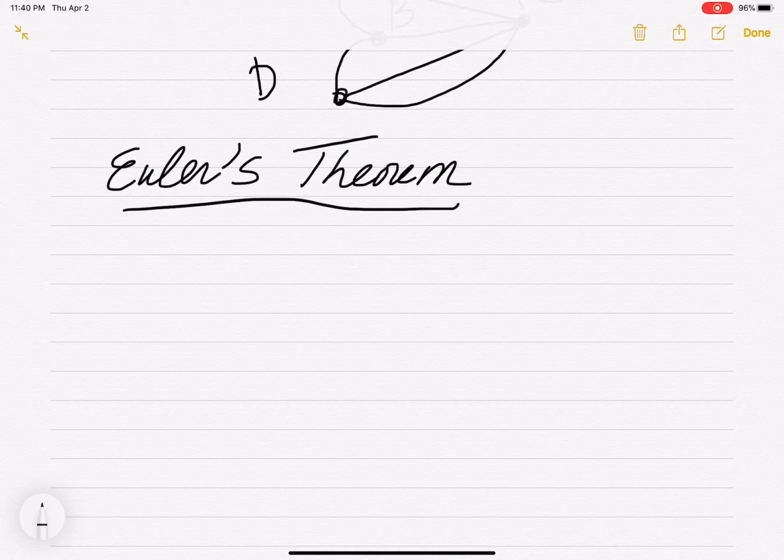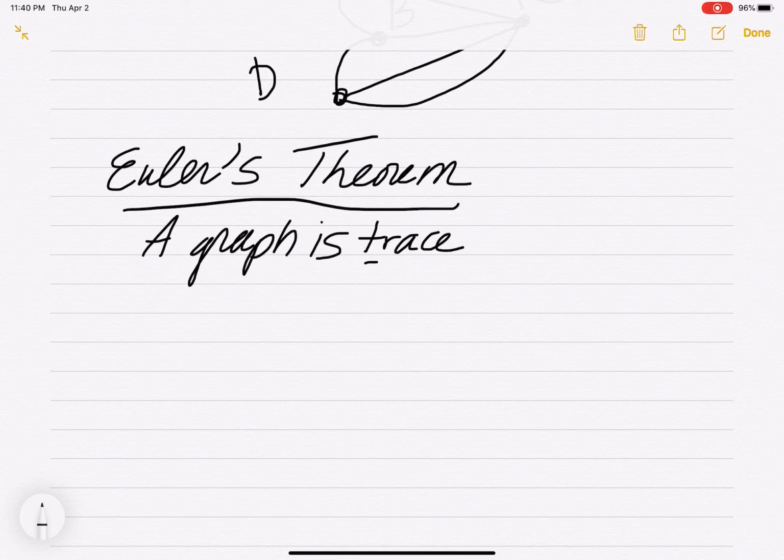And it basically says this. It says a graph is traceable. That means you can find a path through every single edge without doubling back.